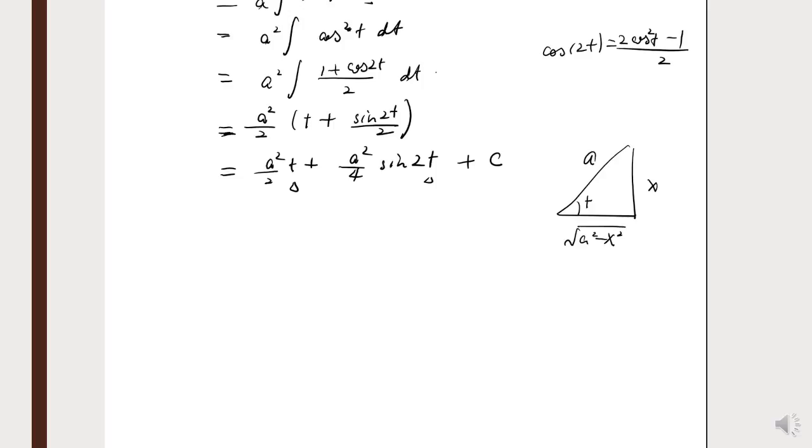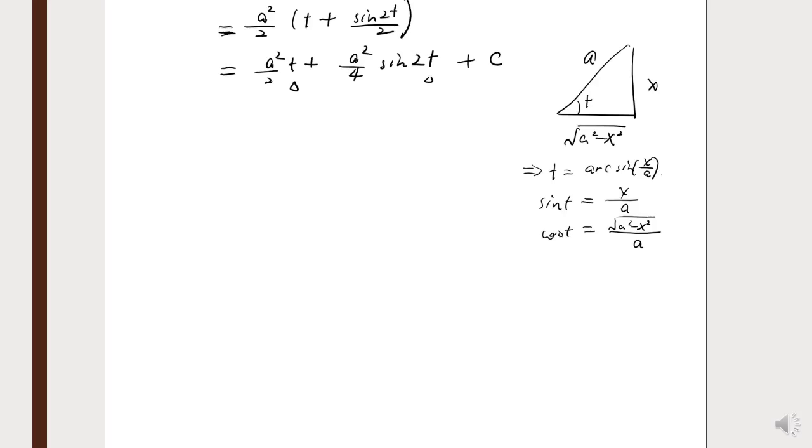So in this way, we can deduce that t actually equals arc sine x over a. And also for sine t, we have x over a, and for cosine t, we have the square root of a squared minus x squared over a.